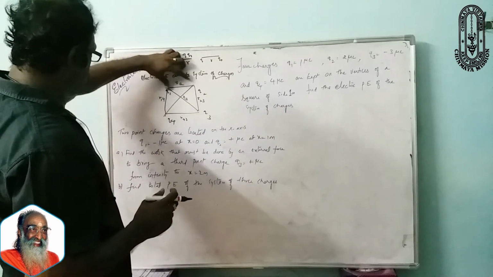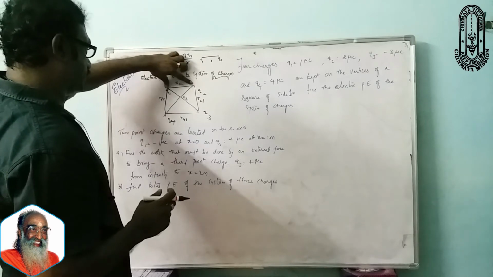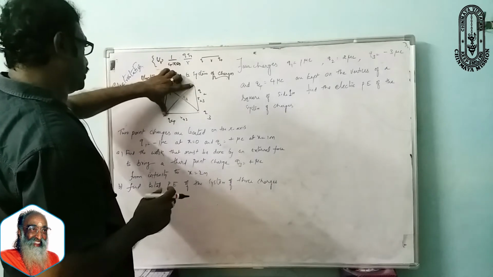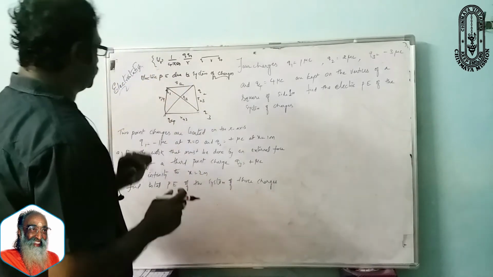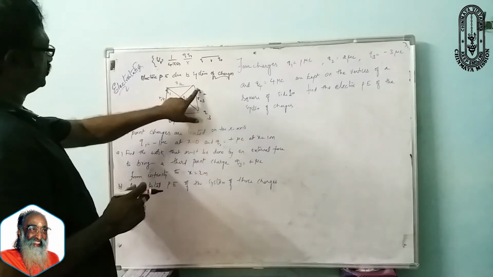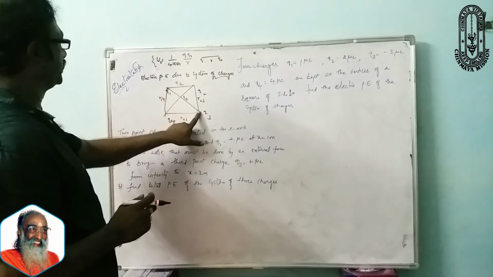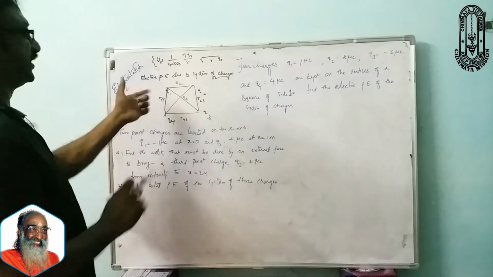Q1 you have finished, so find Q2 and Q4, Q2 and Q3. After completing Q2, you can come to Q3. Q3 and Q2, Q3 and Q1 you have finished. The remaining is Q3 and Q4.